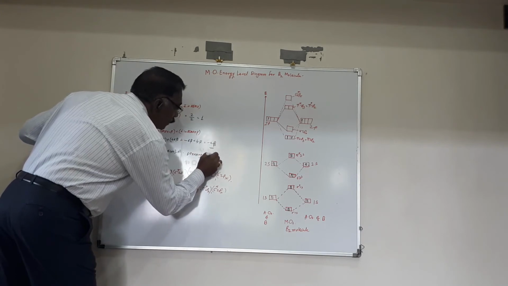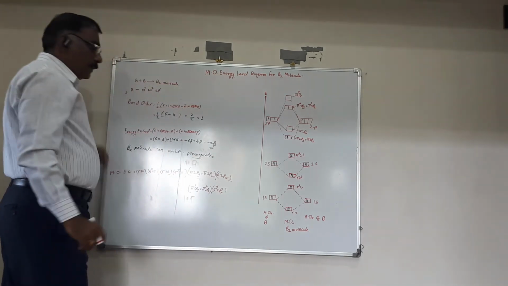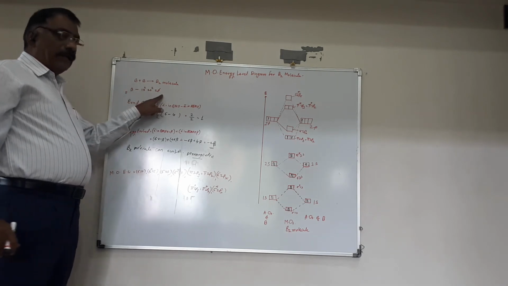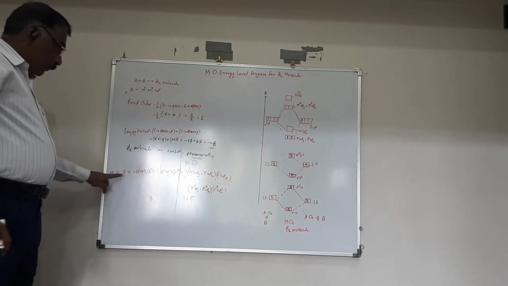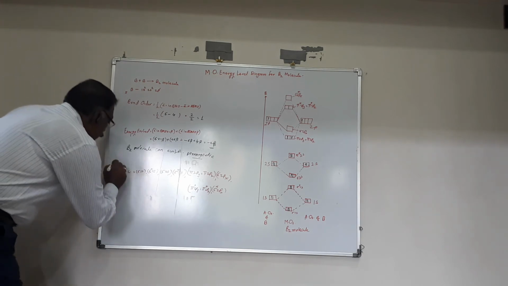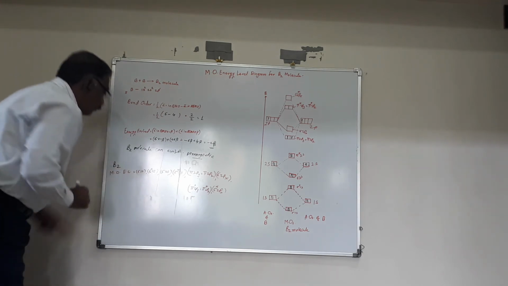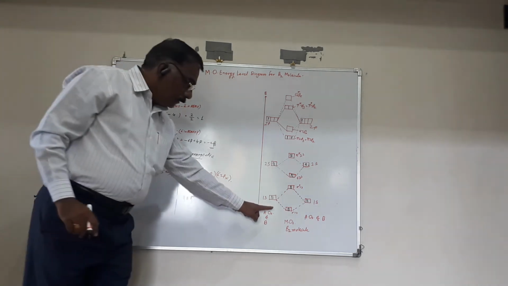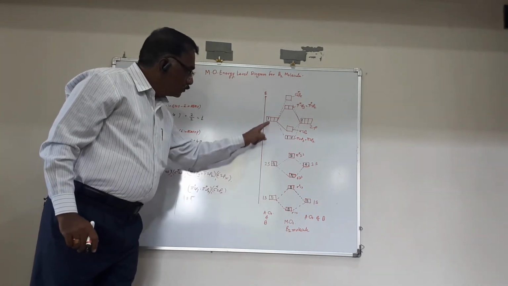B2 molecule is paramagnetic. Now consider its electron configuration. An atom has an atomic electronic configuration, and a molecule has a molecular electron configuration. In an atom we see 1s2, 2s2, 2p1.